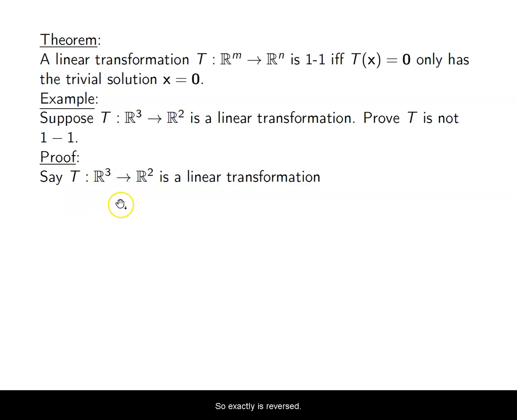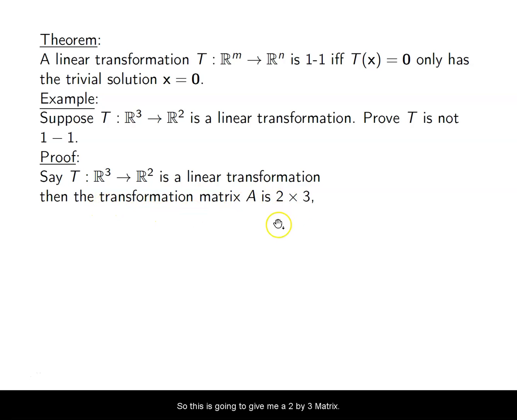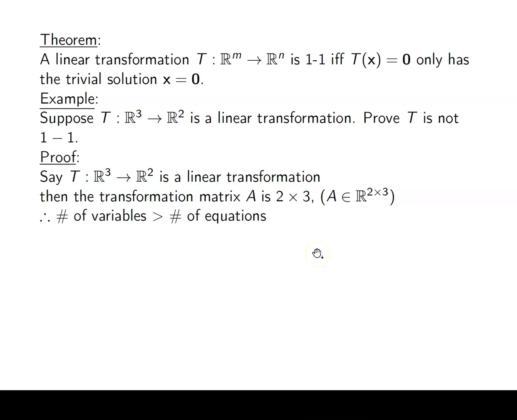So it's reversed from the dimension norm that we say. So this is going to give me a 2 by 3 matrix. Okay, so A is an element of real matrices that are 2 by 3, right? That's how we say this thing here, 2 by 3 matrices with real entries.